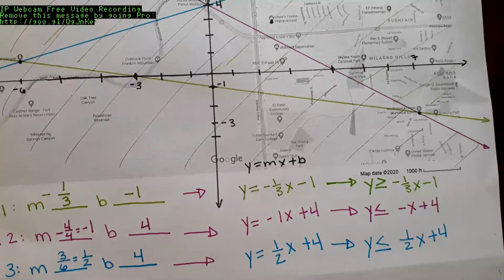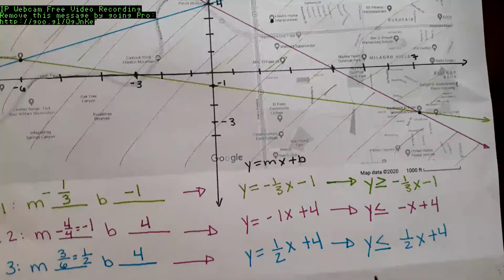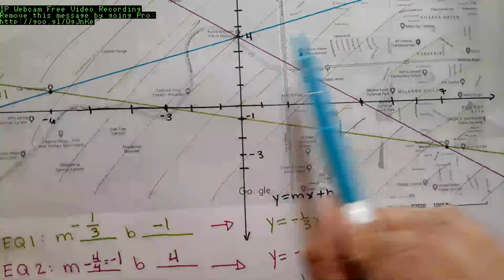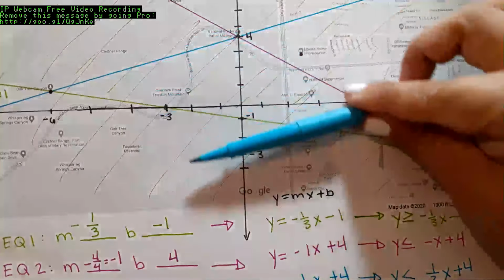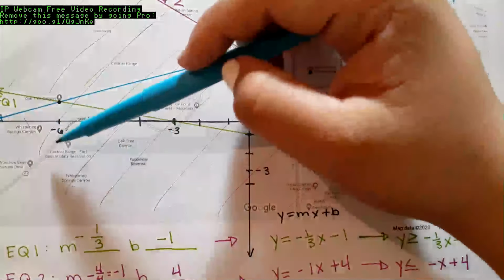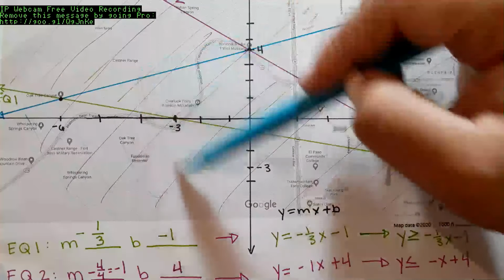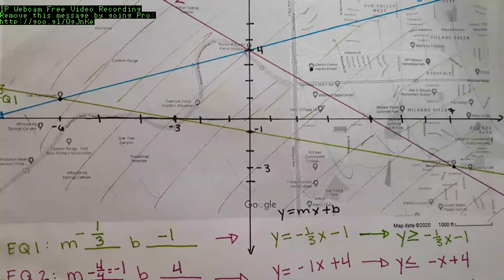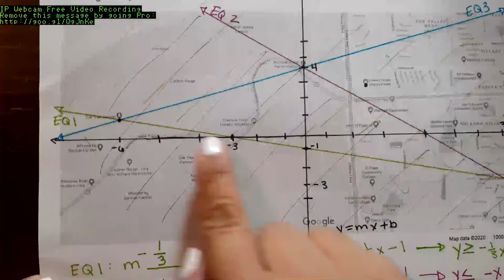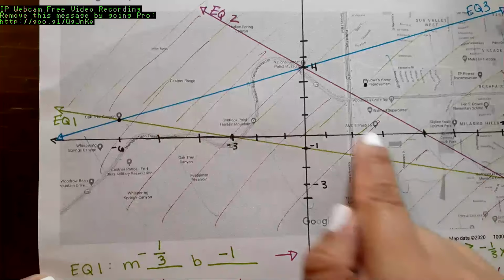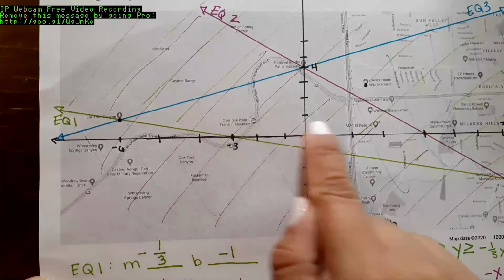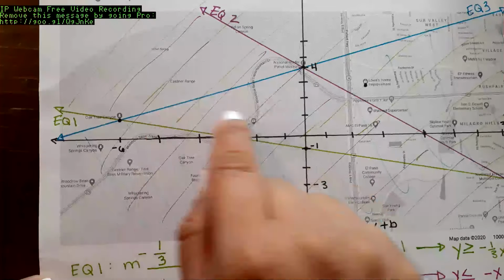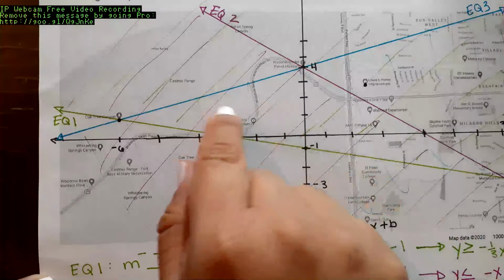Okay. And for my last one, I'm going to check it. y is less than or equal to. So I find my third equation, and I'm going to shade below, right, less than. So as I shade below, I'm making sure that right in here, yep, we have some green, we have some red, and we have some blue. So we shaded correctly. So now we have our quarantine points.